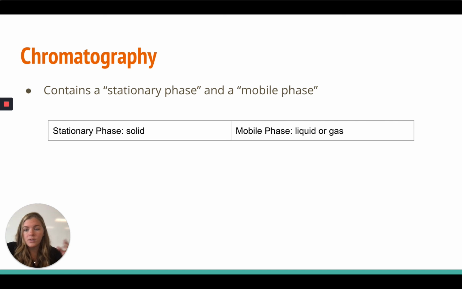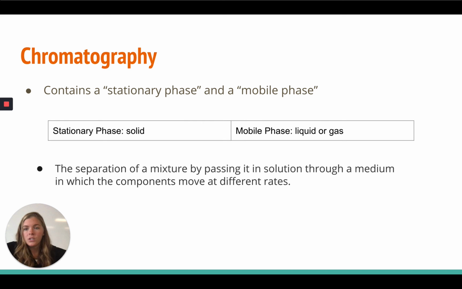The mobile phase is going to move much quicker than the solid phase. Basically, chromatography is the separation of a mixture by passing it through a medium in which the components are going to move at different rates. So you're going to put something in something else and it's going to pull things out. Things are going to move faster or slower based upon what medium they're in.